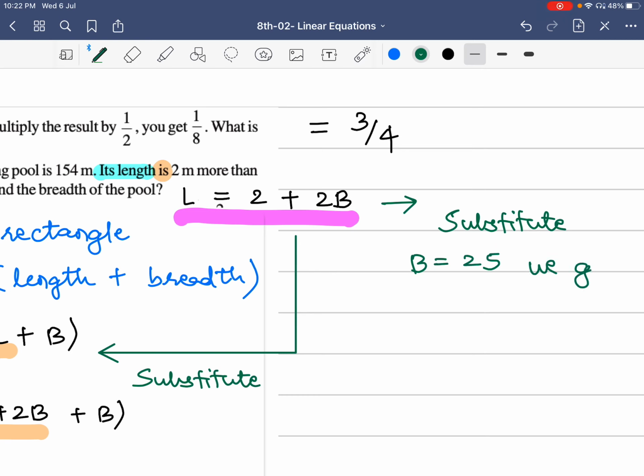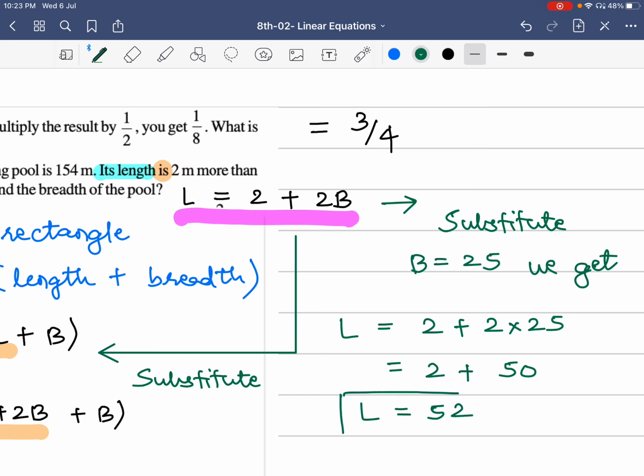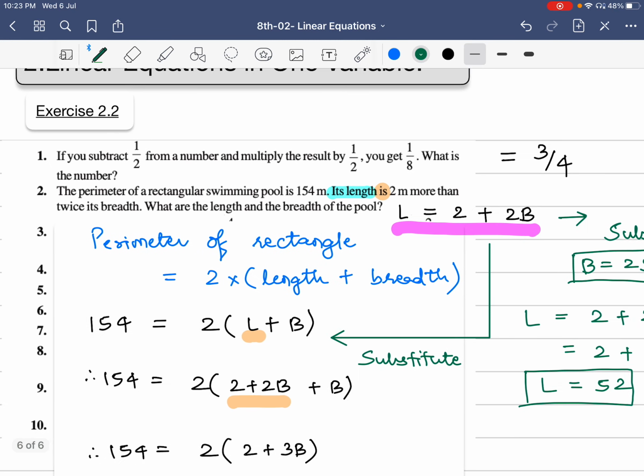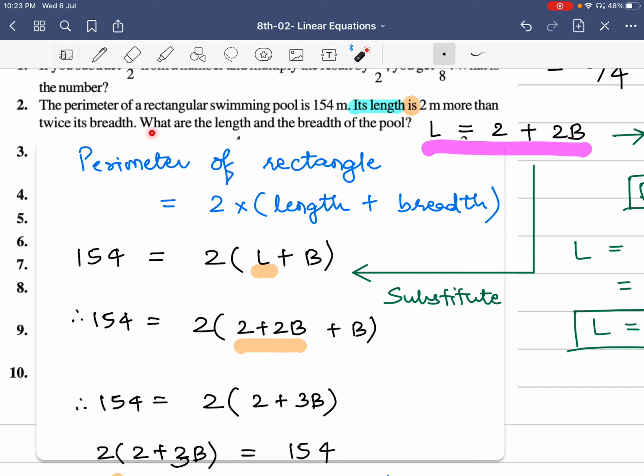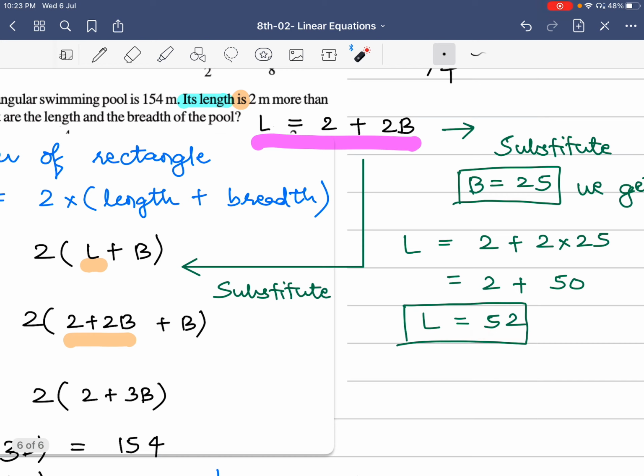We get L as equal to 2 plus 2 into 25, which is 2 plus 50, that is equal to 52. So L is equal to 52 and B is equal to 25. Length and breadth, that's what the question was asking from us. What are the length and the breadth of the pool? Here we have found out the length and the breadth of the pool.